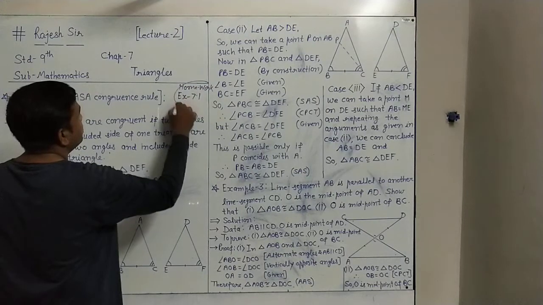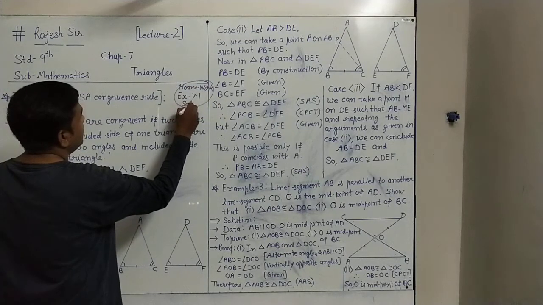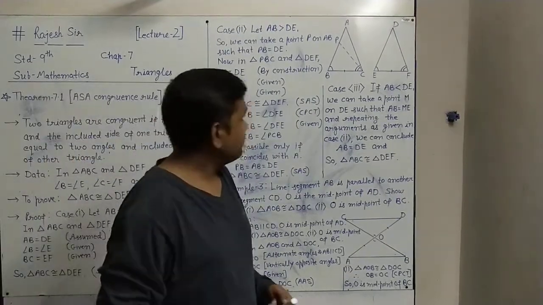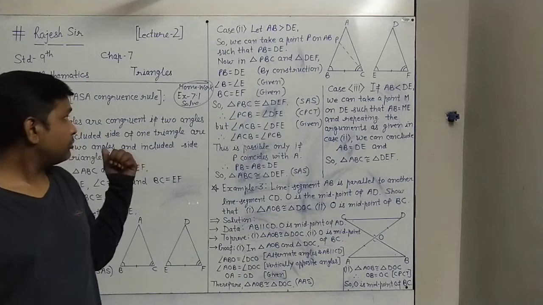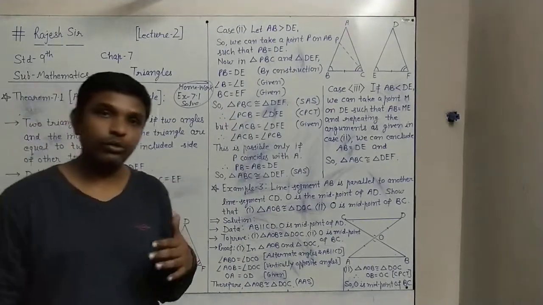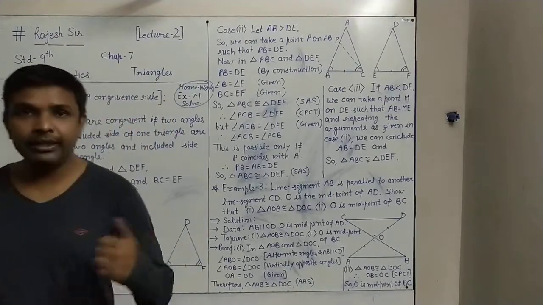Solve exercise 7.1. So this way we have reached theorem 7.1, the ASA congruence rule, and next we will see the next section. Thank you.